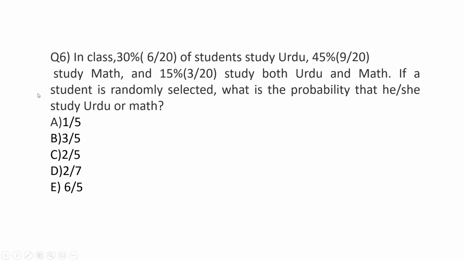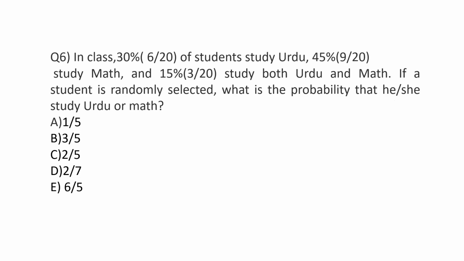In a class, I have made it very easy for you: 6 by 20, 30% of the students have Urdu, 9 by 20, 45% have maths, and 3 by 20, 15% have both. If a student is randomly selected, what is the probability that he or she studies maths or Urdu? Please tell me which rule will be applied, addition or multiplication.